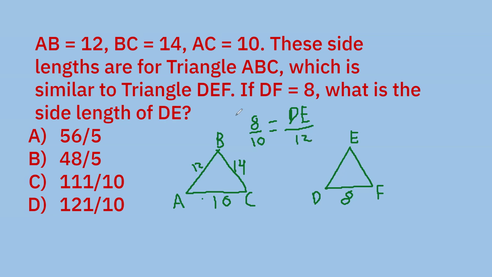Great. Again, we want to cancel here. 8 over 10 becomes 4 over 5. This one is not as big a deal because dividing by 10 later is pretty easy, but just for good practice. So then here we're going to do DE times 5, so 5DE equals 4 times 12.